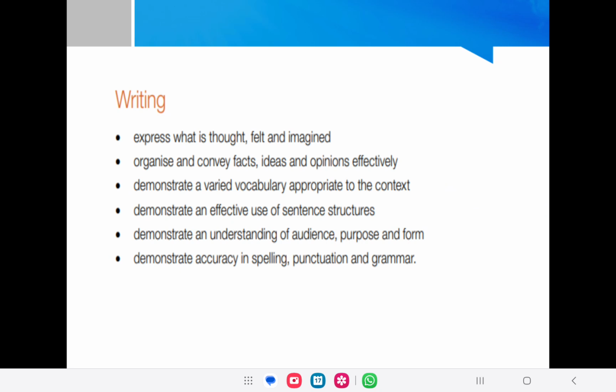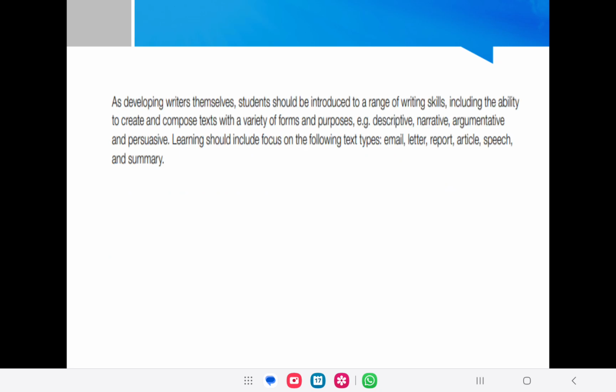Demonstrate an effective use of sentence structures. Demonstrate an understanding of audience, purpose and form. Tone. Demonstrate accuracy in spelling, punctuation and grammar. These are the things that are expected of a student when he is doing his writing paper.